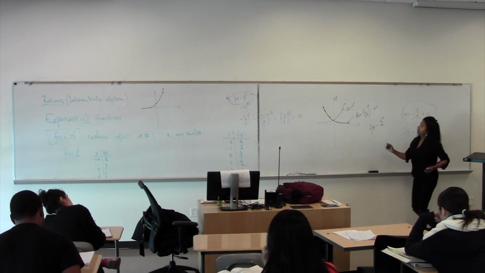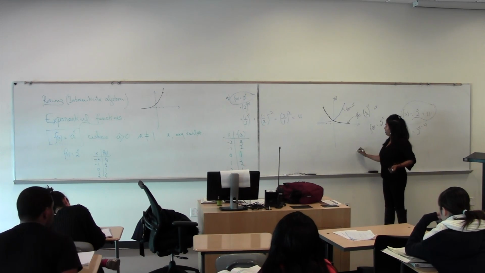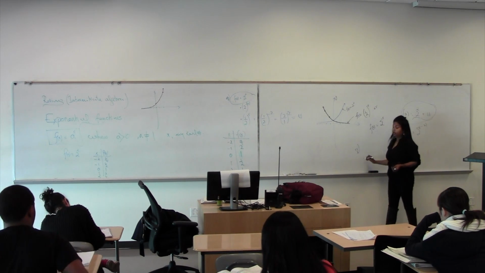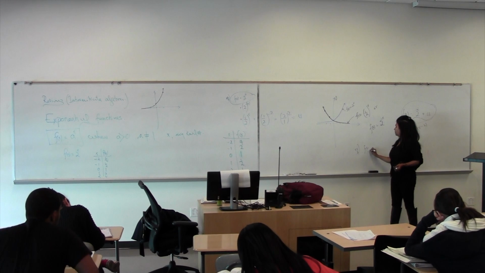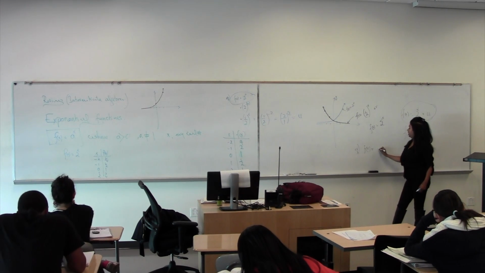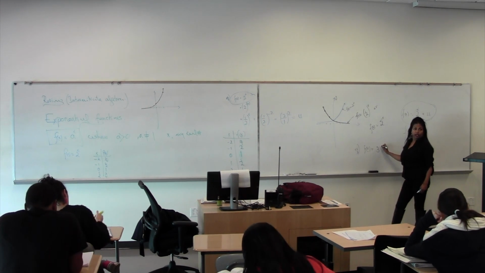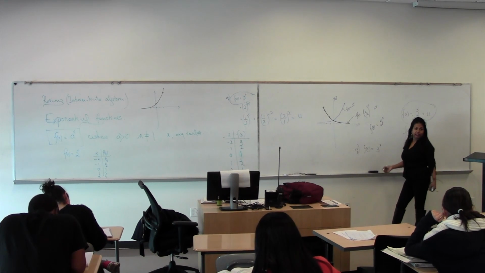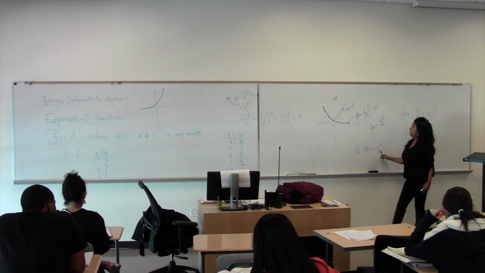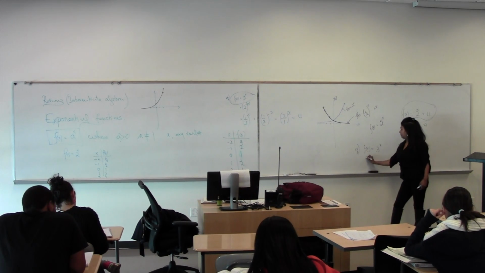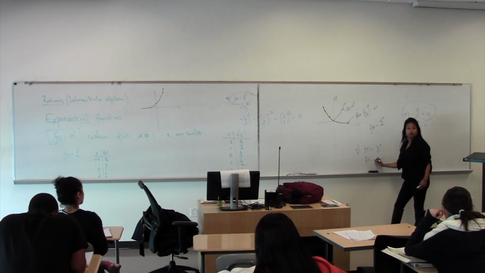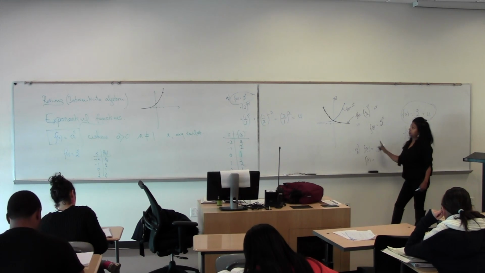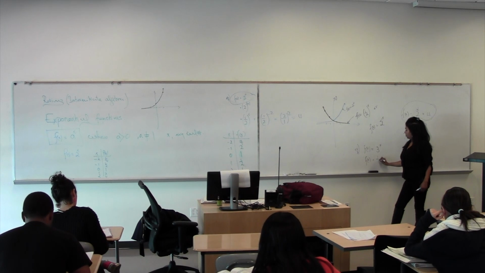Now, if you know how to graph this, let's take for example f of x is equal to 3 to the x, which I gave for homework. It's the same thing now, right? What's the decreasing function of this? f of x is equal to (1/3)^x.